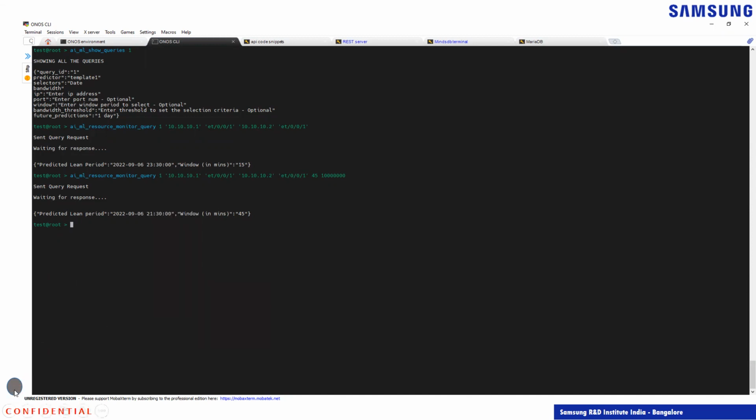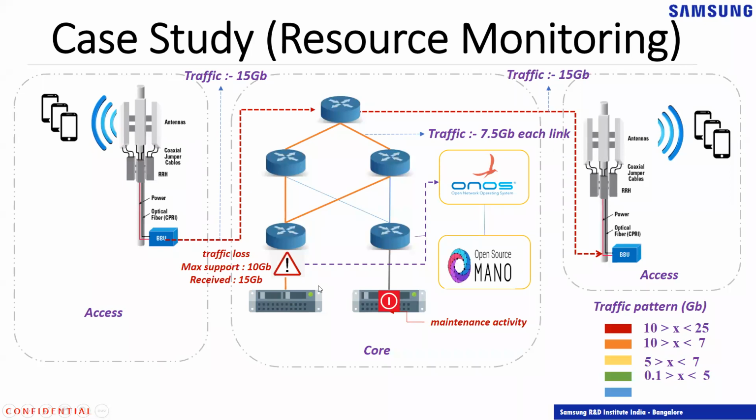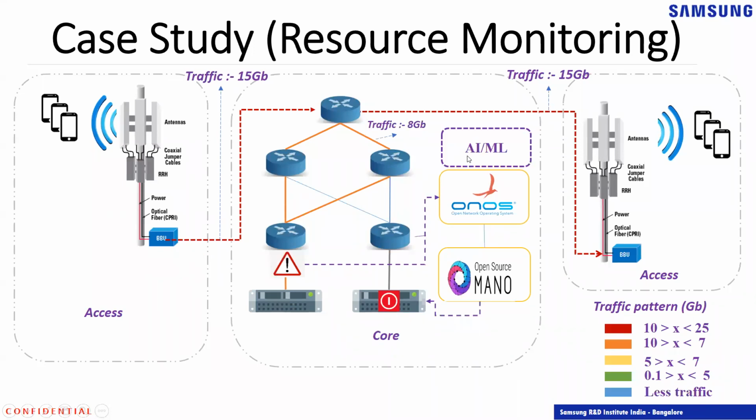So in our case study here, as Sendil has said, when the traffic suddenly increases to 15 GB, there will be a traffic loss as the maximum bandwidth is only 10 GB for a particular link. To avoid this anomaly, if we introduce this AAML approach, we get the prediction as 9:30. This means that before 9:30, the maintenance activity has to be done on this UPF.